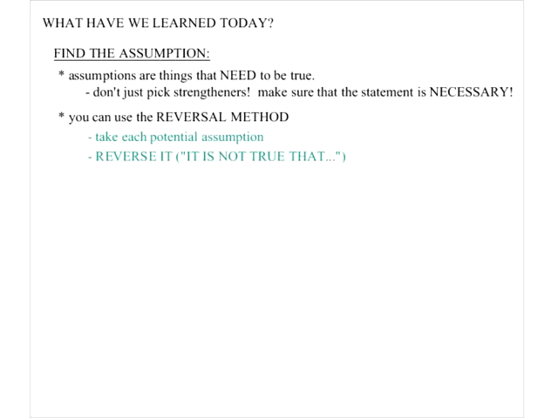Then see if it destroys the integrity of the argument. If the argument is destroyed, then you got the correct answer. If the argument is not destroyed or is strengthened, then it's an incorrect answer.